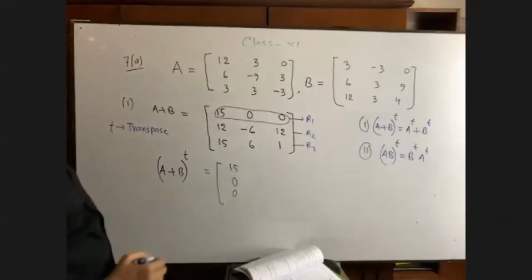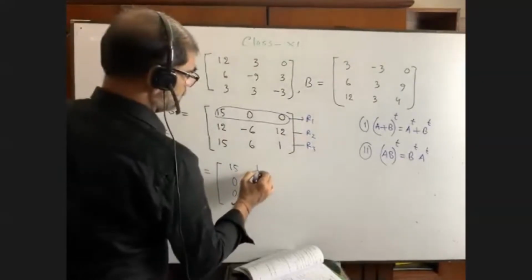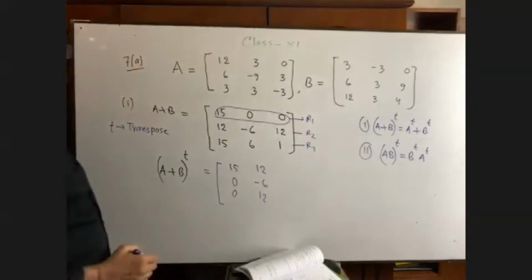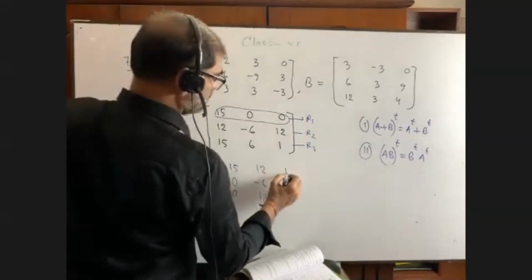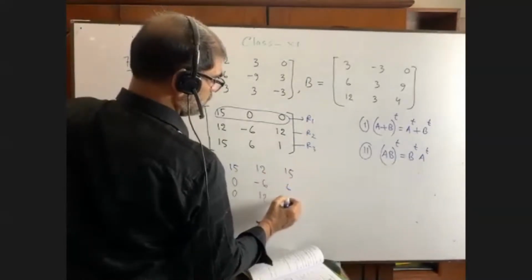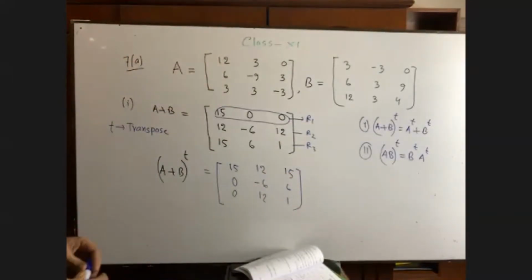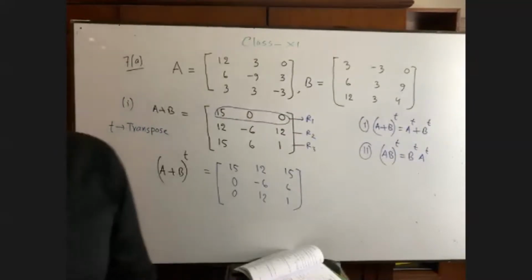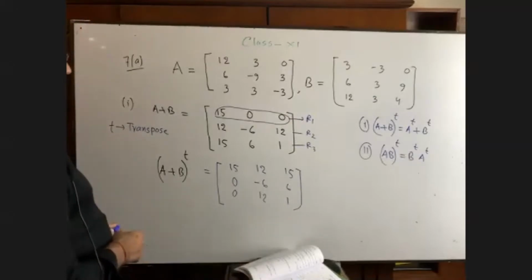Row 2 is 12, minus 6, 12, written as the second column. Row 3 is 15, 6, 1, written as column 3. So transpose is nothing but the change of rows and columns between themselves. Row will be column, column will be row. I think you have got it.